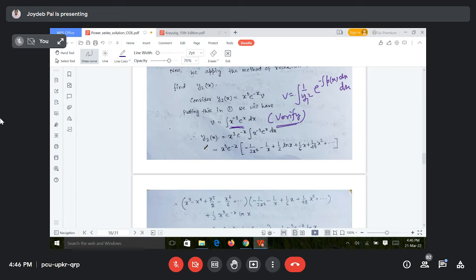Then y2 of x will be that is y1 into v. Okay. Now is it possible to integrate it? You think इसको integrate कर सकते हैं क्या?